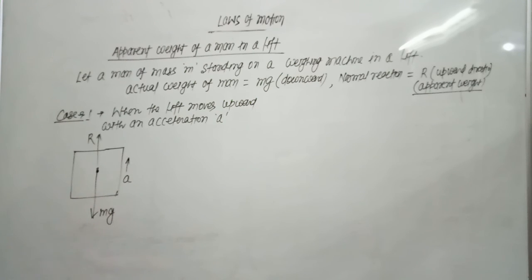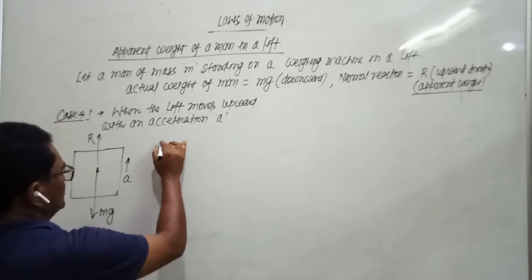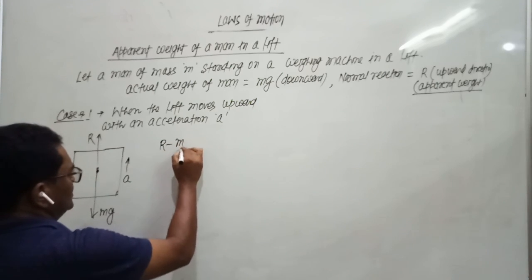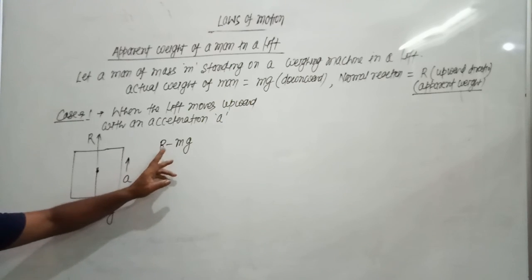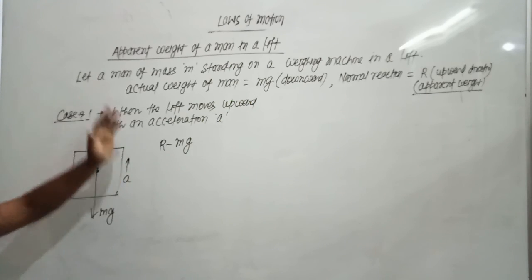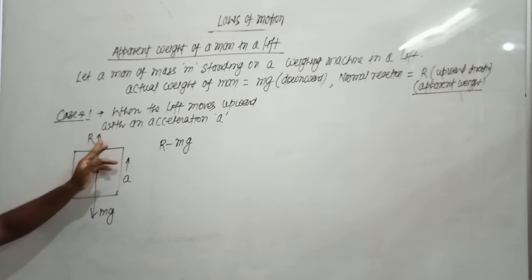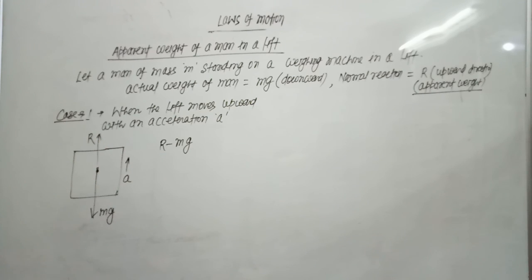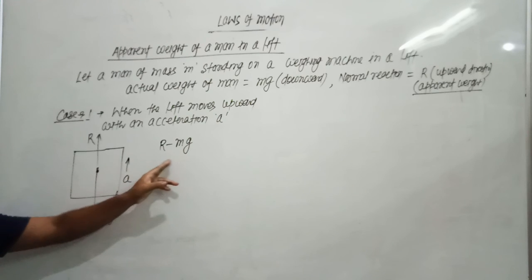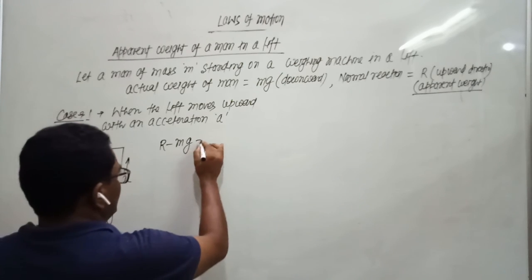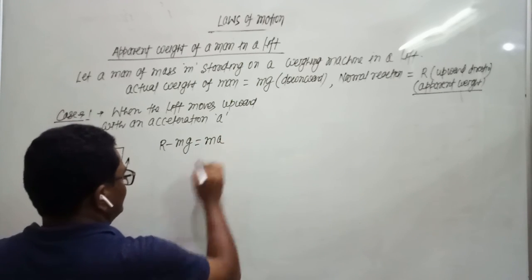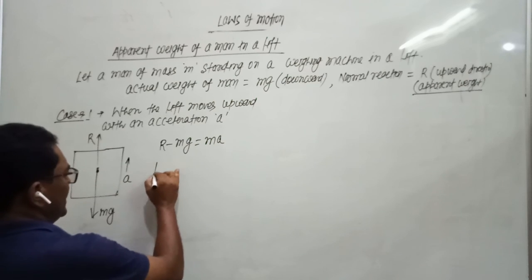So the resultant force must be equal to R minus mg, because upward direction is taken as positive and downward direction as negative. By Newton's second law, the resultant force is equal to ma.